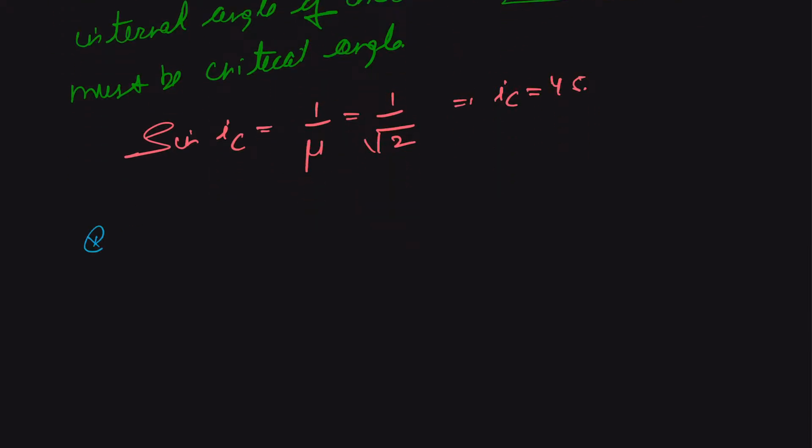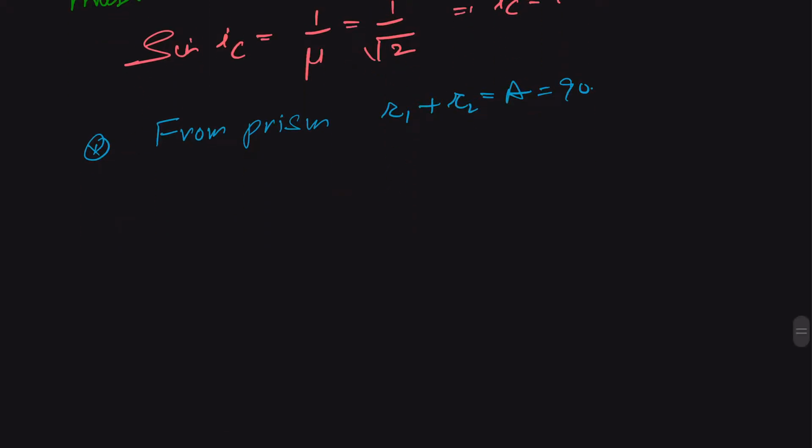So from the prism, R1 plus R2 will be equal to angle A, and angle A is our 90. Therefore, we can find out that our R1 will be equal to 45 degrees.